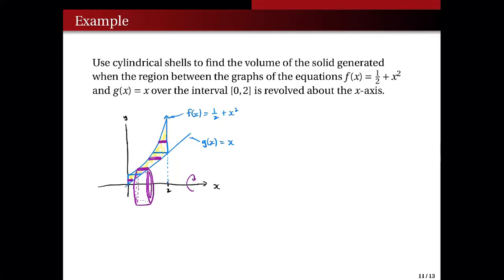And therefore, if you do that, you will need to identify this point here and this point here. But anyway, they are easy to identify. So in this example, cylindrical shell is at a disadvantage.